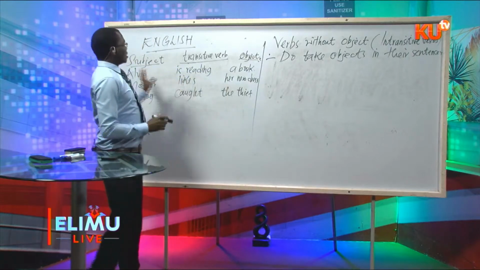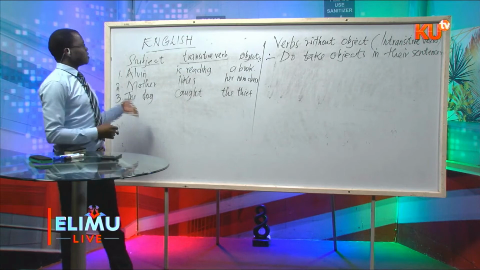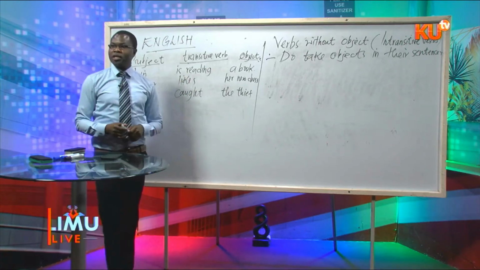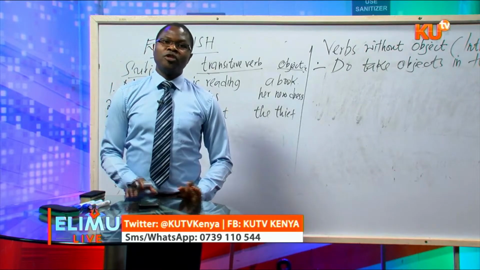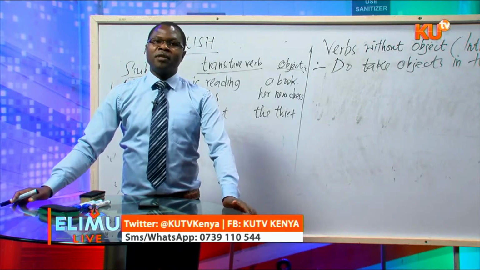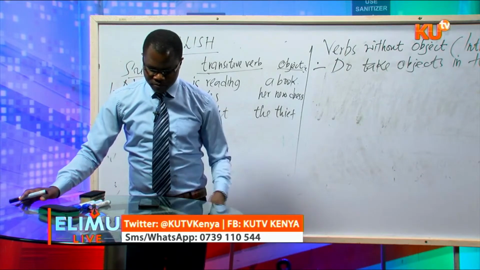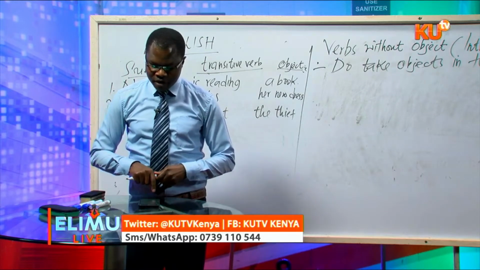The way we have demarcated this one for transitive verbs, that they have the subject, there is a transitive verb, and finally an object. Verbs that do not have objects, they are just that way, and I'll be giving examples on the same. Some verbs do not have an object.